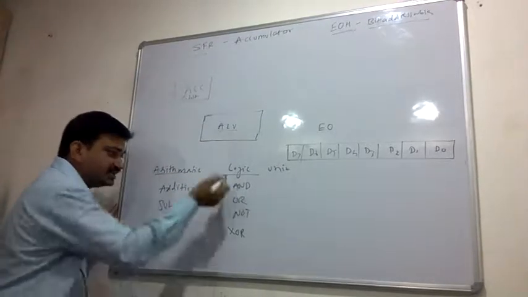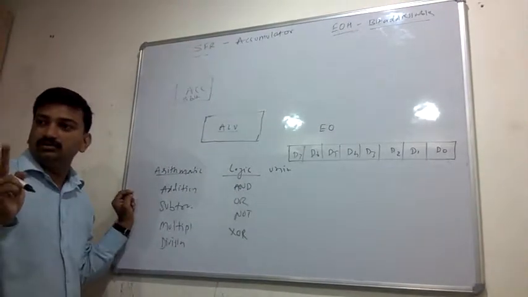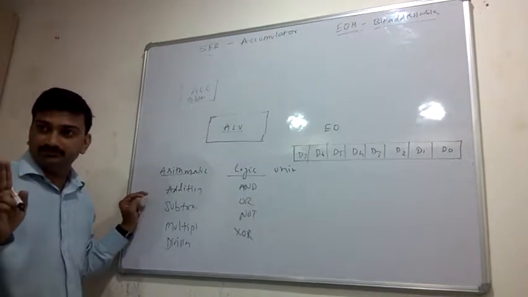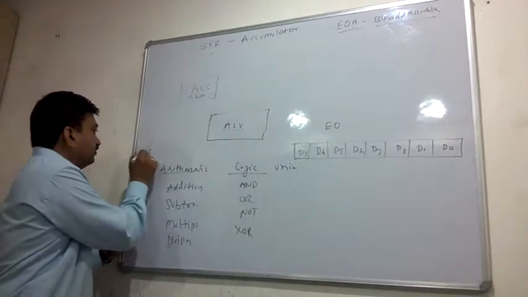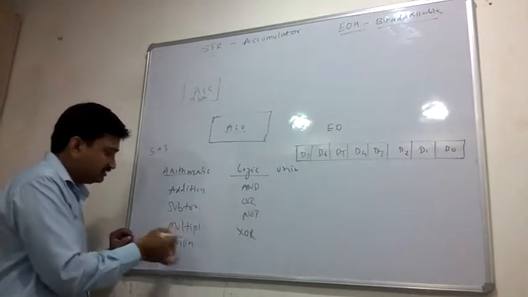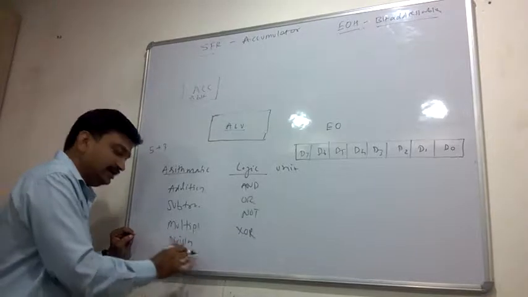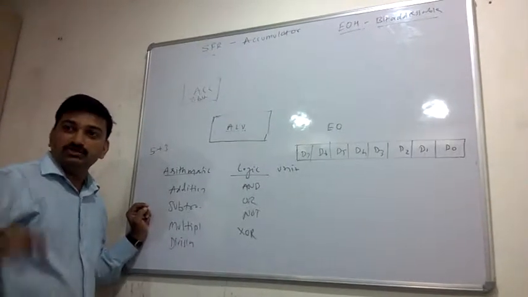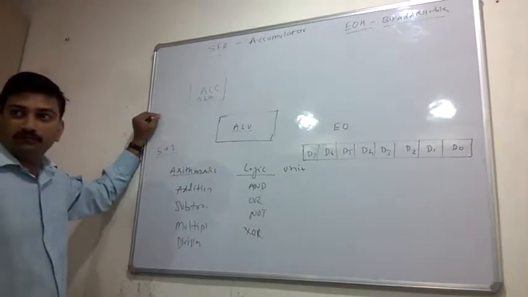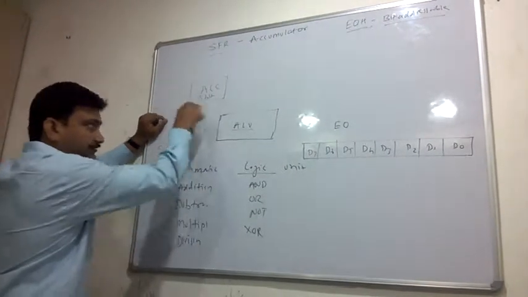In each case we require two operands. For addition, 5 plus 3; subtraction, 5 minus 3; multiplication, 5 into 3; division, 5 by 3. One of the operands, either 5 or 3, must be in the accumulator.